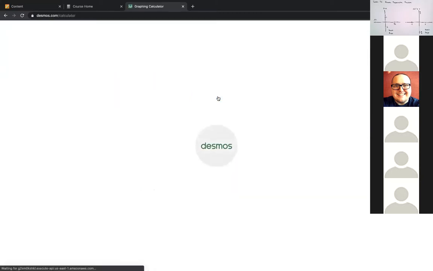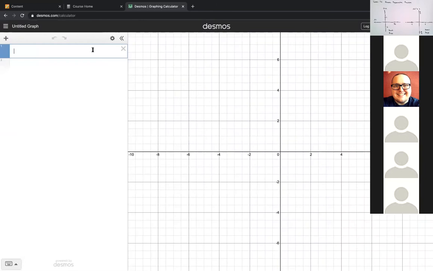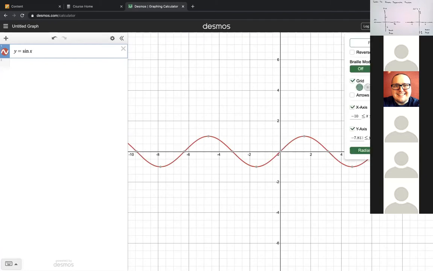So here's desmos.com, and I can graph a simple sine function just by typing it in. Let's just zoom in a little bit on the y-axis.